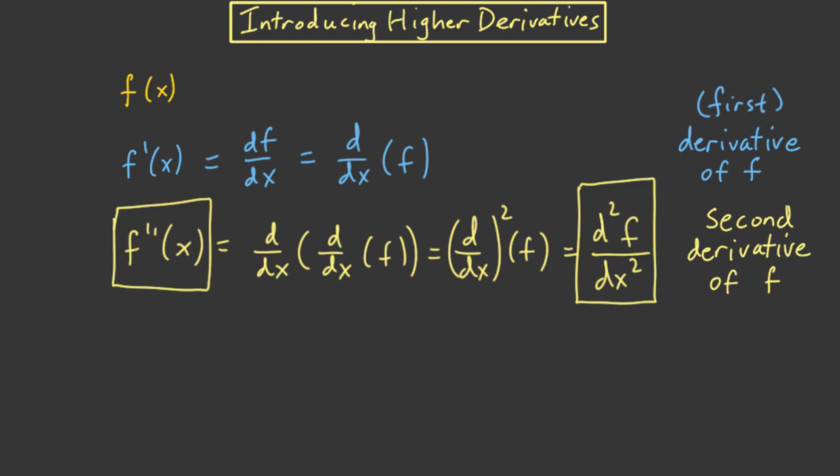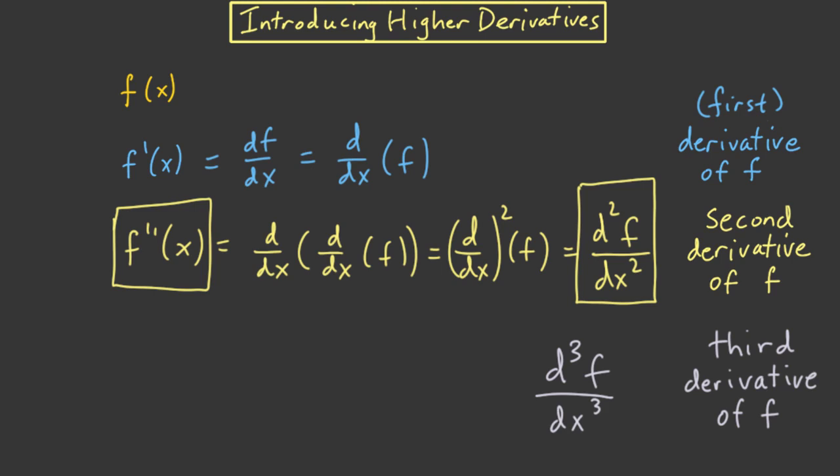Of course, if we wanted to, we could keep going, and we could take the derivative of the second derivative to get the third derivative. And that would be written d cubed over dx cubed f in Leibniz notation, or in prime notation, f prime prime prime of x.